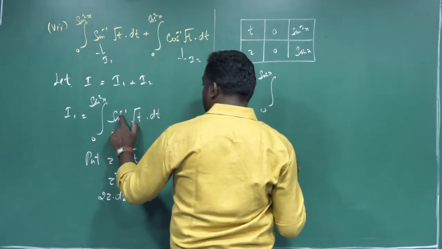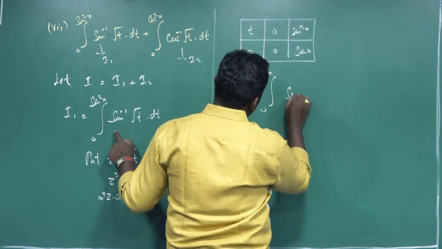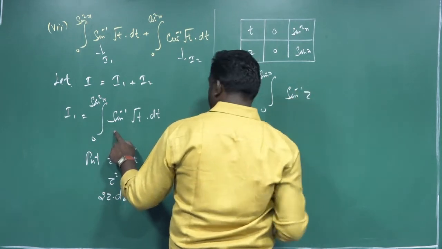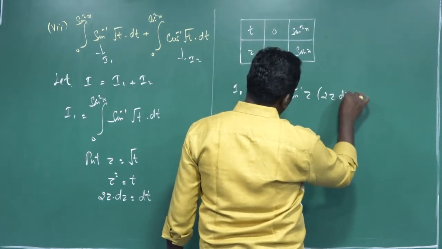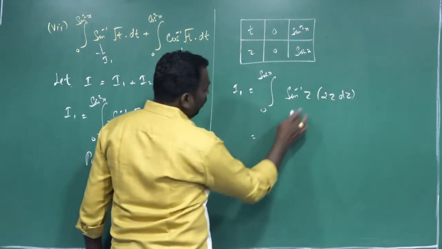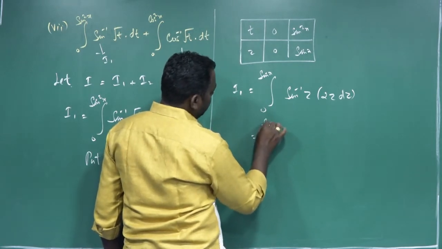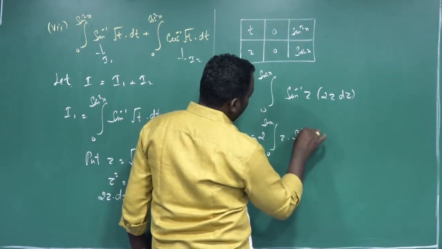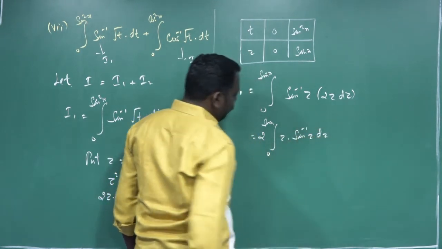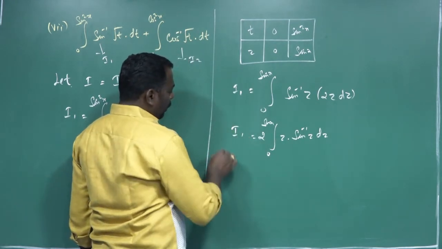Then sin inverse of root t we can consider as sin inverse of z, and dt is equal to 2z dz. So this is equal to 2 times the integral from 0 to sin x of z sin inverse of z dz. And this is called I1.